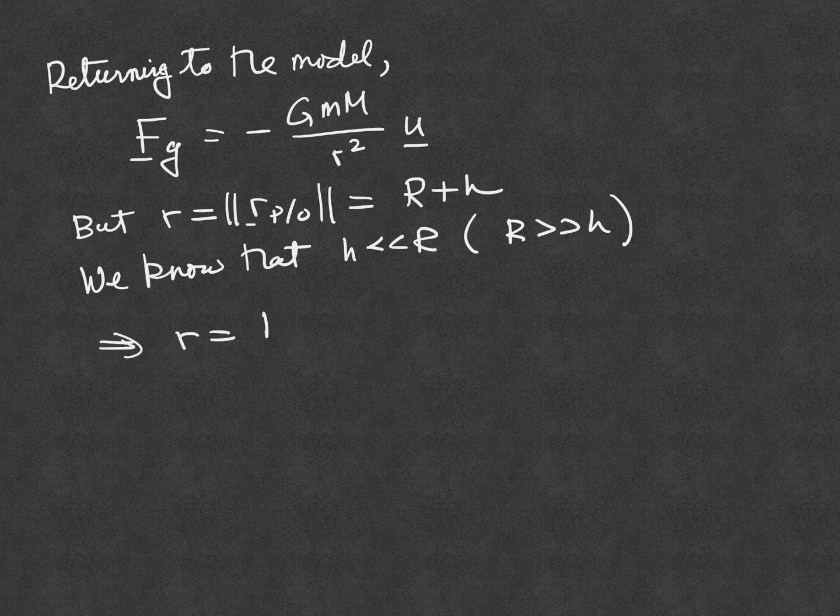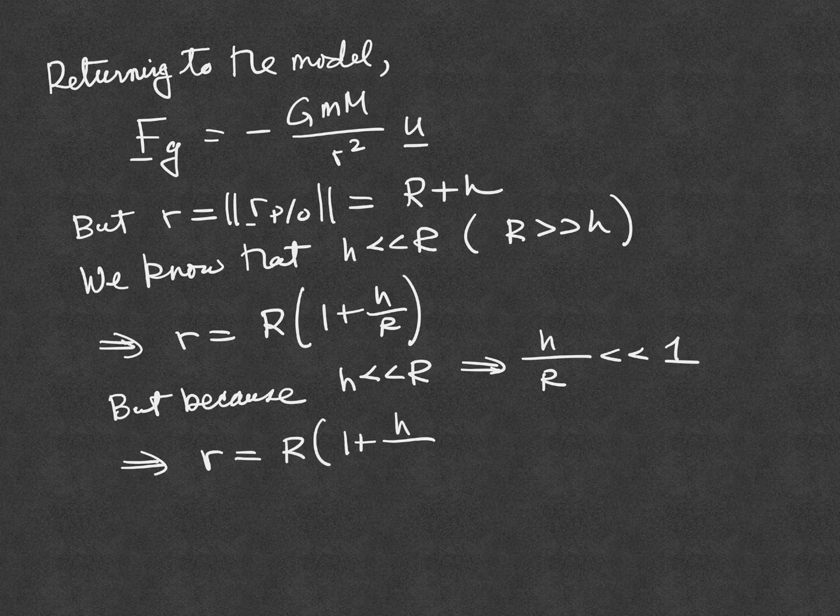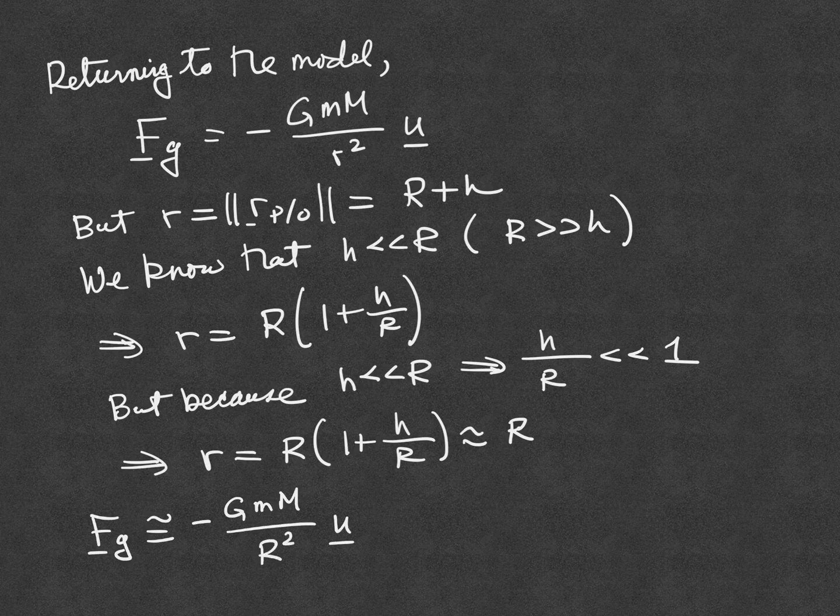We can say that r is, if I factor out the big R, R times 1 plus h over R. But because h is much, much less than R, that implies that h over R is much, much less than 1, which implies that r is equal to R times 1 plus h over R, is approximately just R. So therefore, the force of gravitation is approximately minus G m M all divided by big R squared times u.